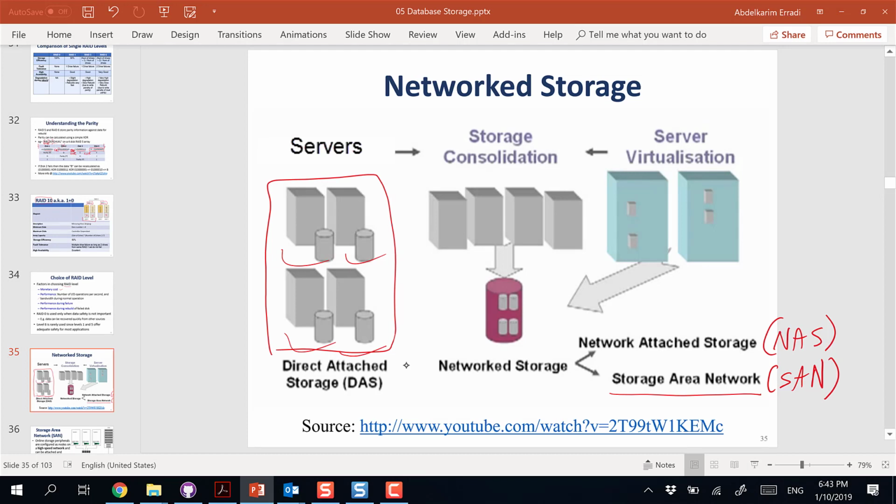But the problem here is that this could be very inefficient. Some servers have very high usage, and they might need more disk. Others have very low usage, and that capacity is basically wasted.